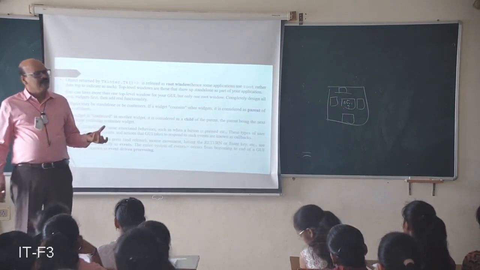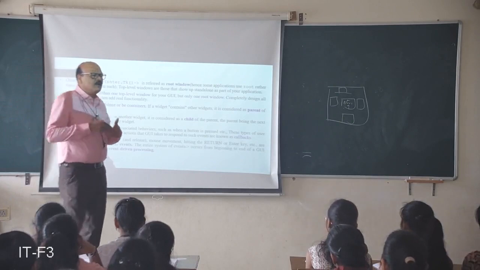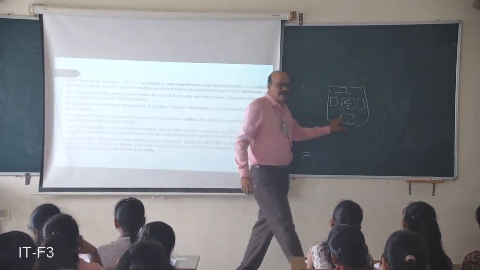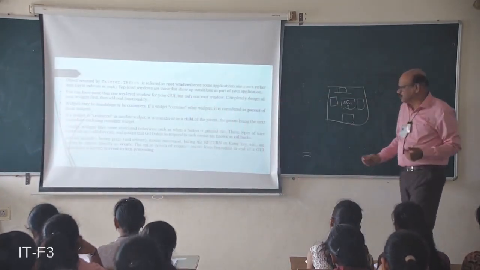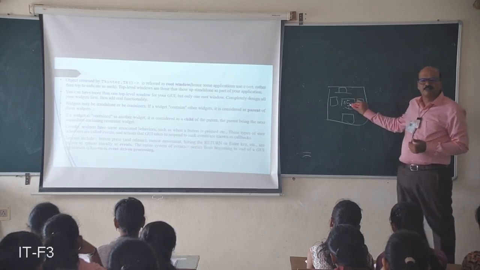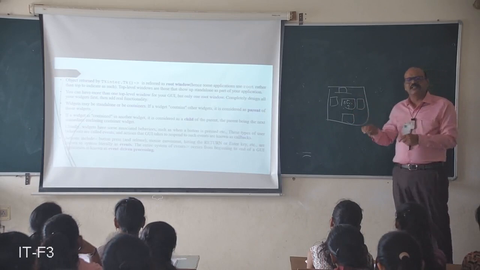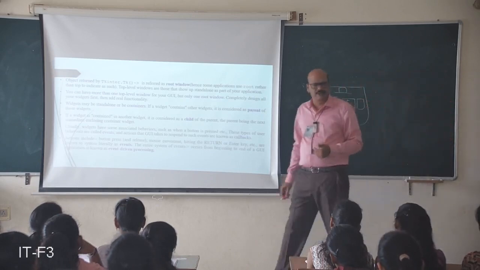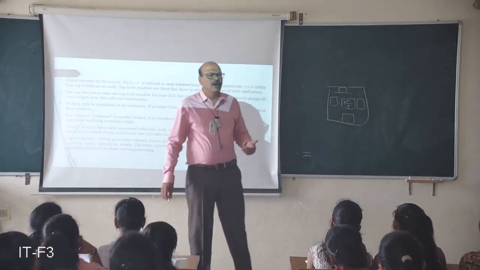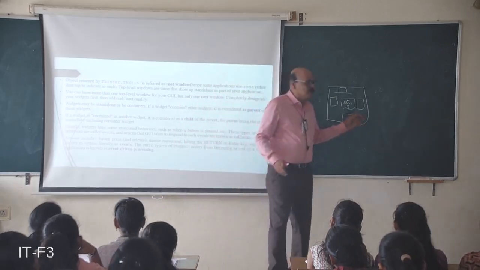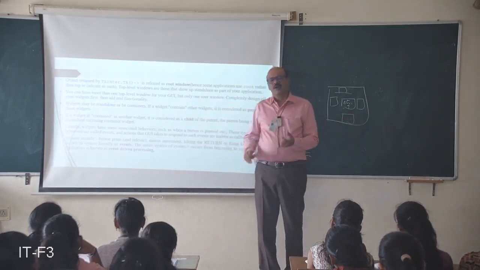So whenever the button click event is raised, I may want to provide some response, or this application needs to provide some response. Say for example, if this button color is blue, when the user clicks this button, I want to change the color of this button from blue to orange or blue to red. That code you have to write as the event handler for button click.